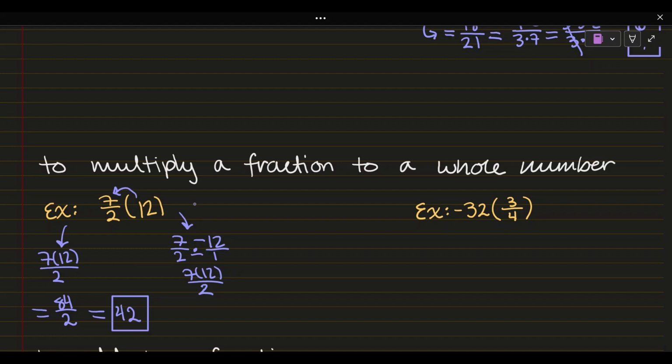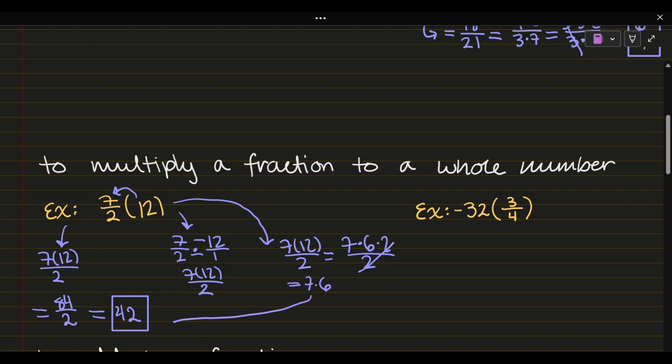Another way to get here is to have 7 times 12 over 2, which is the same as 7 times 6 times 2 over 2, because 12 is 6 times 2. And these 2's will cancel. What I'm left with is 7 times 6, and we know 7 times 6 is 42. A bunch of different ways to get there, but we get there in any case.